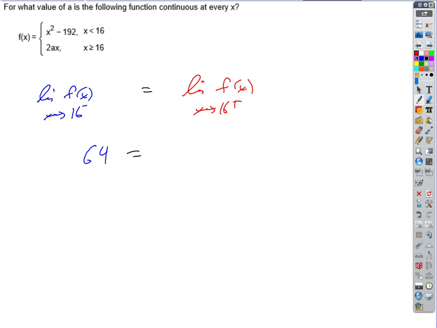Well, no, but we don't disregard the a. It's 32a, right? So we got to set the value of the limit so those are equal, right? So a is 2. Okay, and that's what's going to make those two limits be equal.